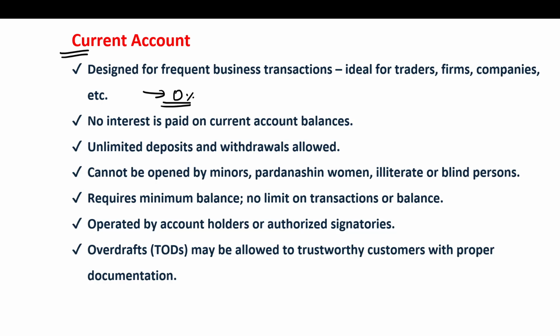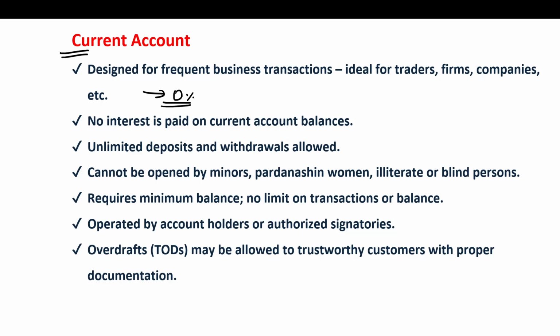One of the key features of current account is that there are unlimited withdrawals and deposits. There is no upper or lower limit, but again, bank may ask for a minimum balance, but there is no maximum capping. You can keep as much money as you want in your current account. There is no maximum limits. So unlimited transactions are allowed, and current accounts can be operated by individuals or authorized persons like signatories or someone with power of attorney.